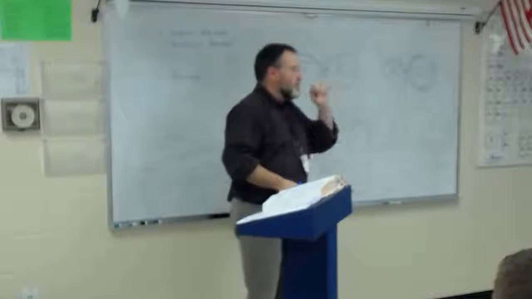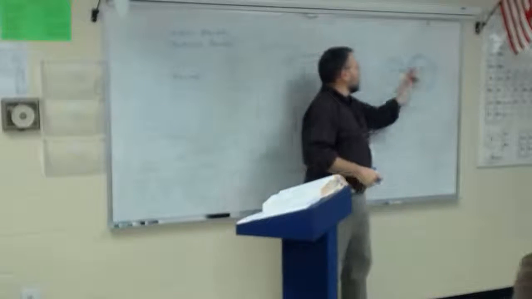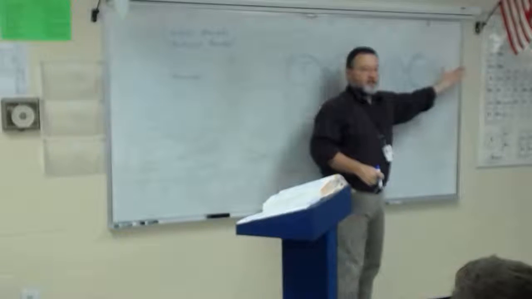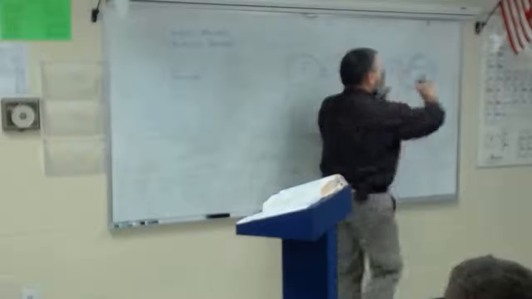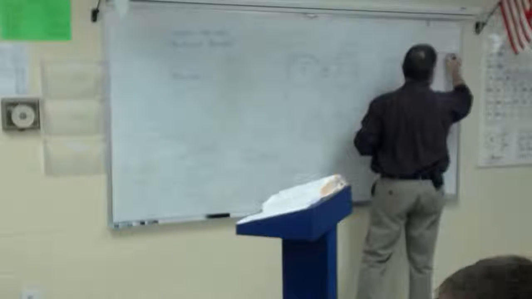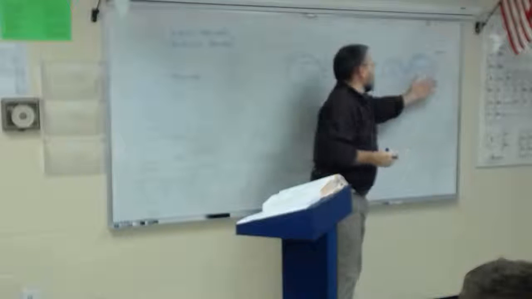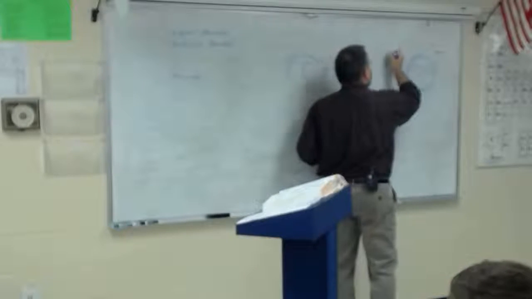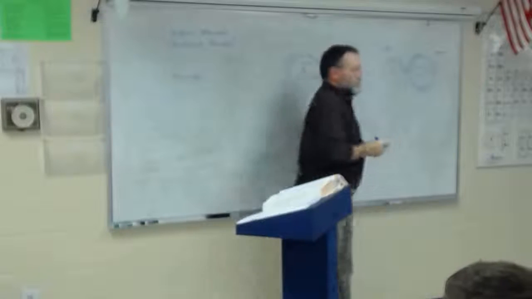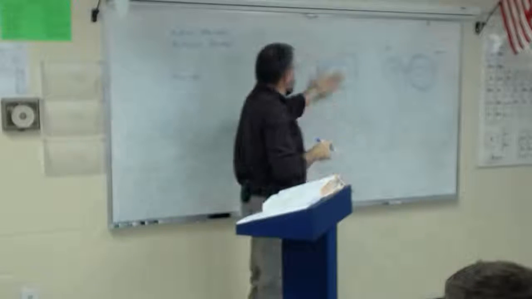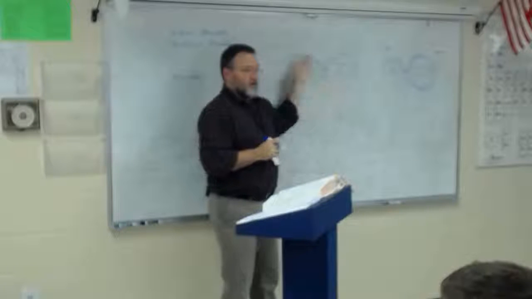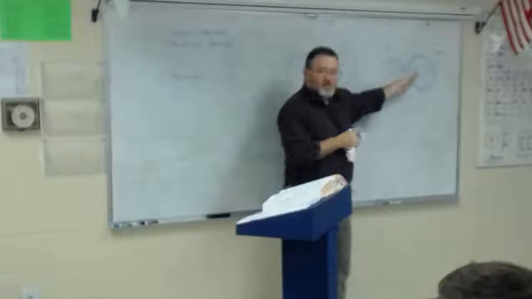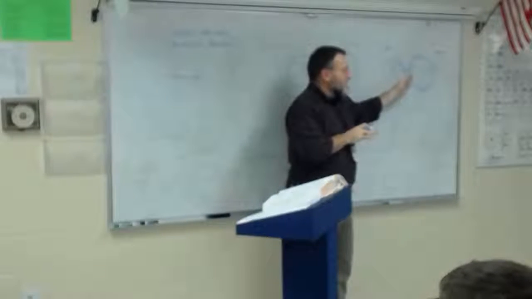Now, when the electron is at the chlorine side, what charge does chlorine have? This side of the molecule tends to be negative. And when the electron tends to be over there, this side is positive. But here's the deal. Unlike this perfect, even sharing, this molecule doesn't experience even sharing of the electrons.